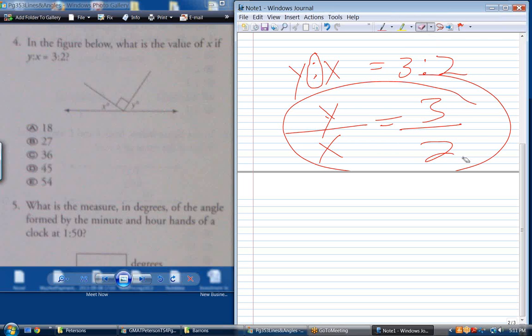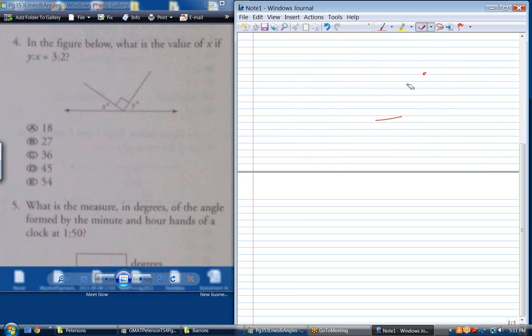So when we had 36 before, the other way we could do this is we know x plus y equals 90. We know that y would be 3p and x would be 2p.